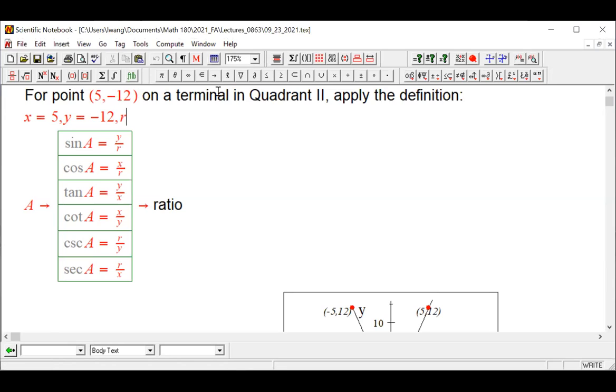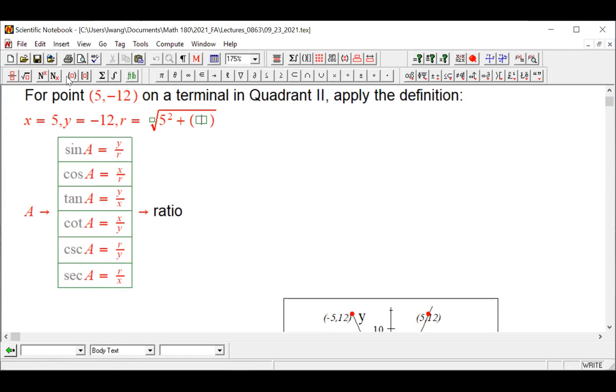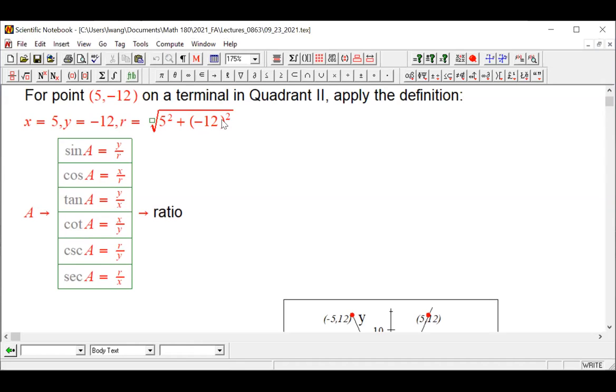And what is r? r is the square root of 5 squared plus -12 squared, right? And then what do you do? This is 25. This is 144. Equals 13, right? So now you put the numbers in place.